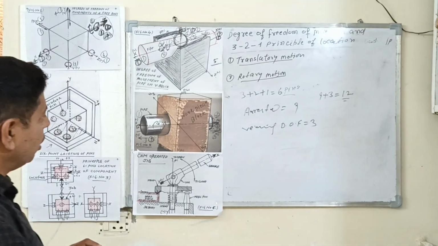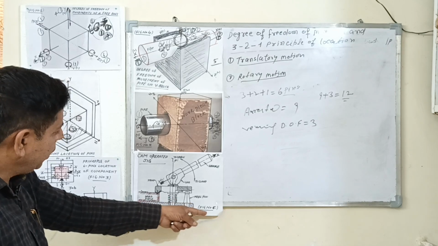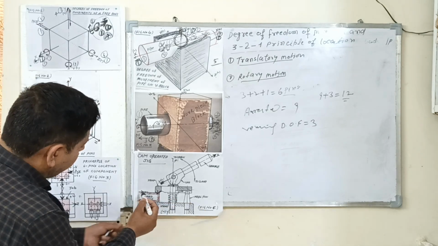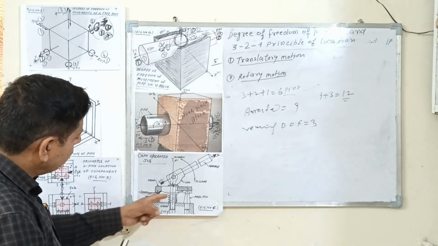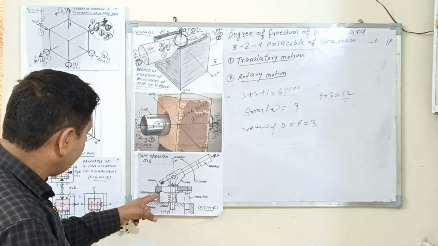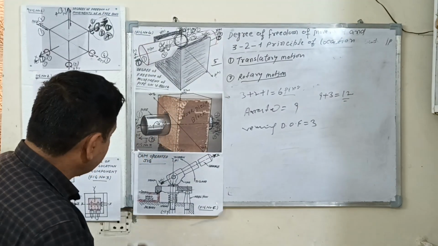So for the jig and fixture, you can see this figure number 6. This is the workpiece. The workpiece is mounted on a jig. The workpiece is clamped here. The 3 degrees of freedom are used for the clamping.